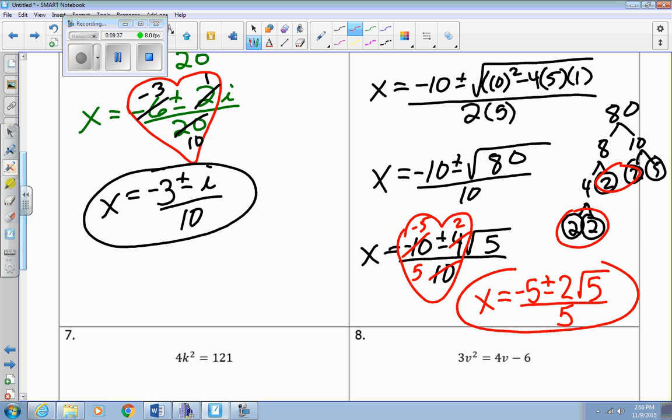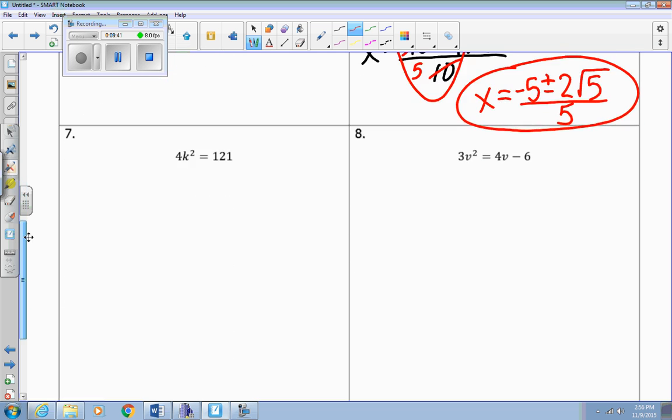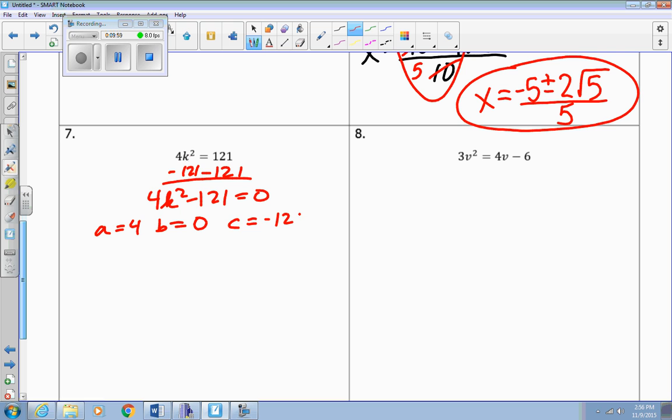Moving on. Let's set it equal to 0. Our a is 4. B, there isn't a b, so it's 0. And c, the number that's always by itself, with no variable, is always your c. So now we have x equals the opposite of b.